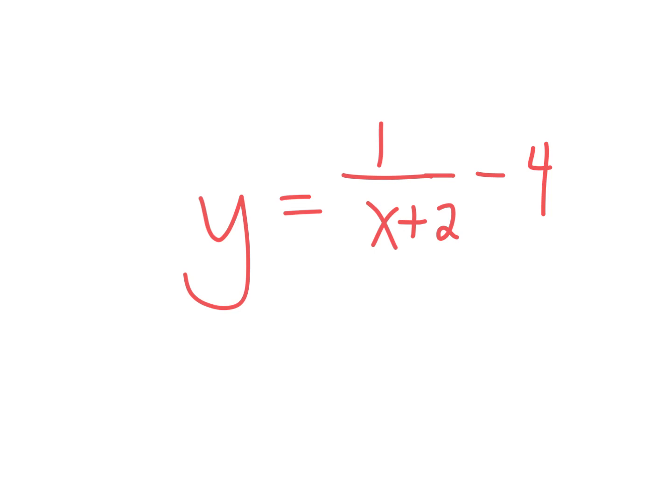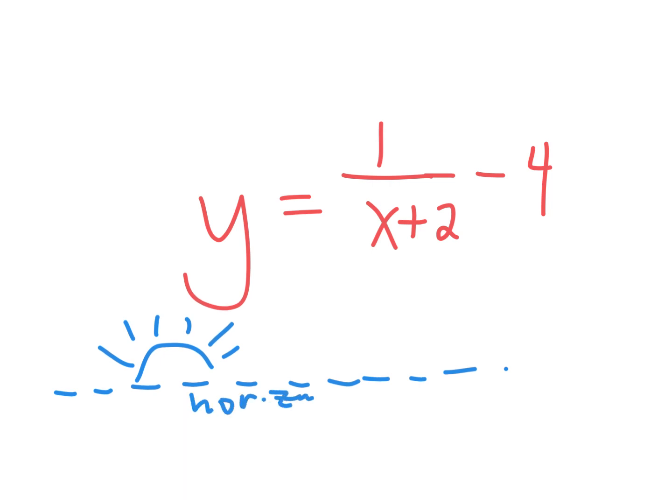Do you guys get a horizontal line looks like this? It's like a horizon. You know, here's the sun rising, and the horizon is going underneath it. If you've never thought of it that way, this is the horizontal, and so that's the horizontal asymptote. I call it the horizontal asymptote because it's y equals.